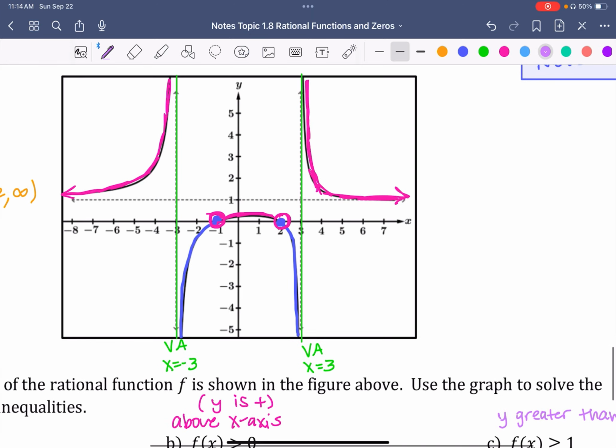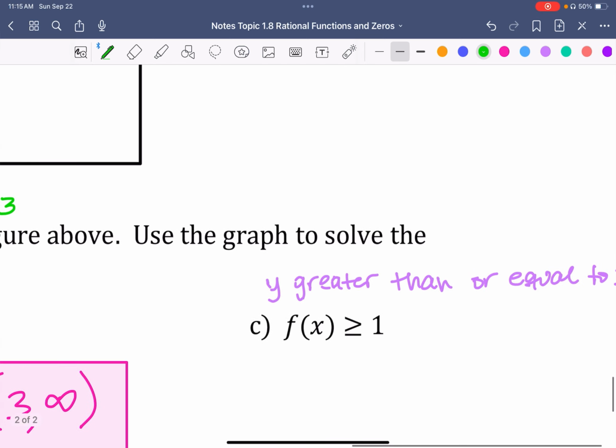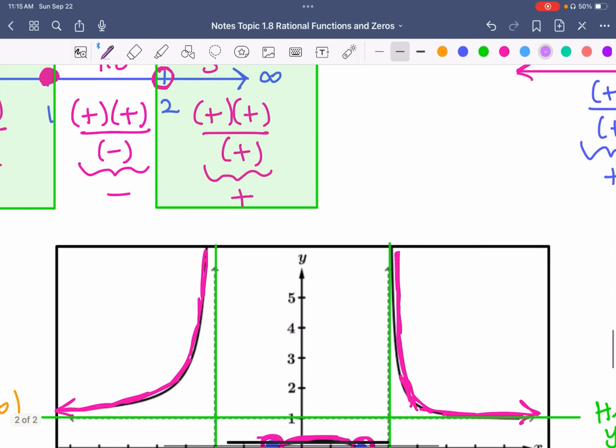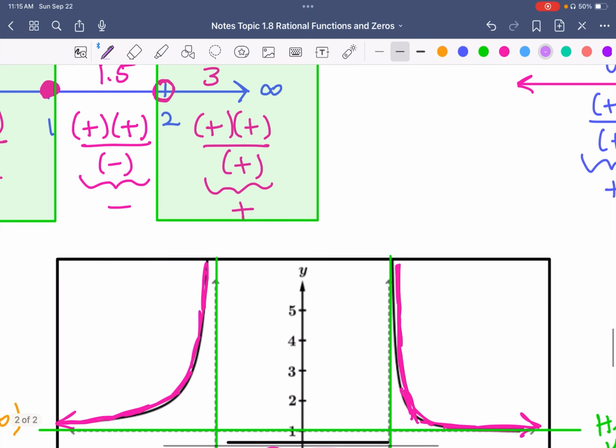The only thing I see at y equals 1 is this horizontal asymptote at y equals 1. So what this question is really asking me is, when are we above the horizontal asymptote? Okay, so above the horizontal asymptote, I'm going to ignore everything that's below the horizontal asymptote at 1, and I'm going to trace this one in this lavender color.